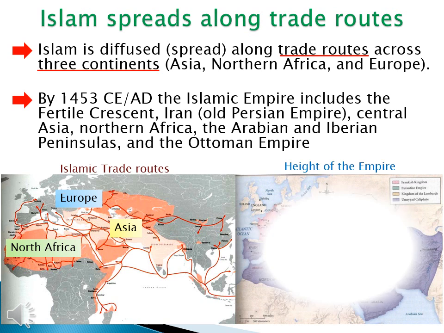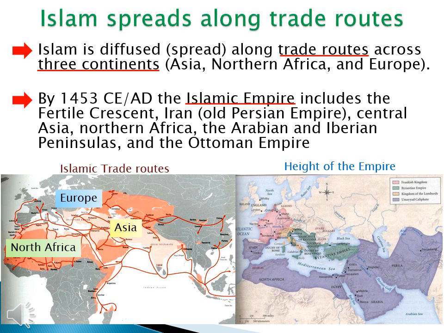Because of this, by 1453 CE, the Islamic Empire includes the Fertile Crescent, Iran, which is the old Persian Empire, Central Asia, Northern Africa, the Arabian and Iberian Peninsulas, and the Ottoman Empire. These traders spread Islam across these 3 continents, and by 1453, the Islamic Empire holds a vast amount of territory. Go to the next slide.